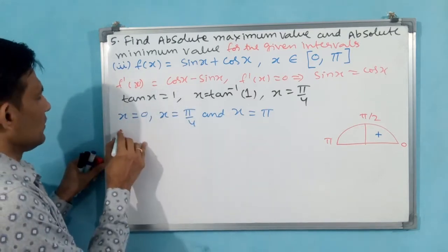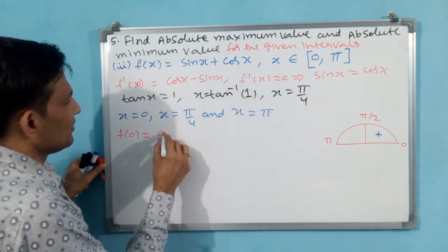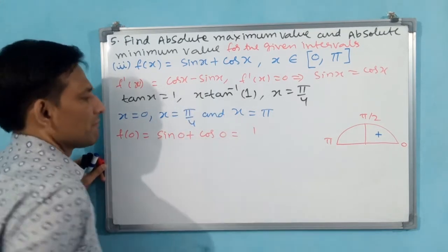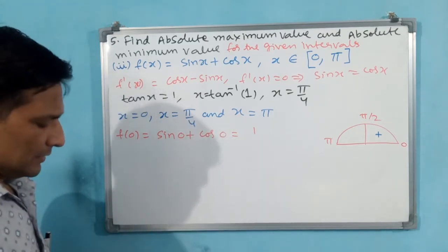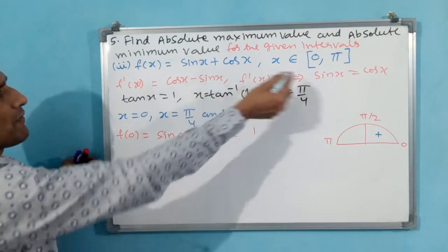F of 0 is equal to sin 0 plus cos 0. 1. Why? Because sin 0 is 0, 0 plus 1 is 1. Okay? Then pi by 4. F of pi by 4.